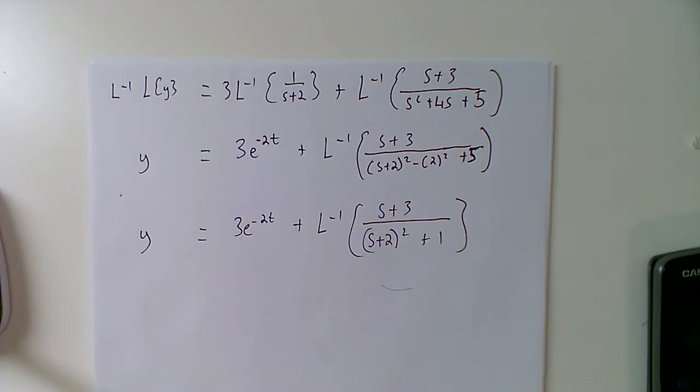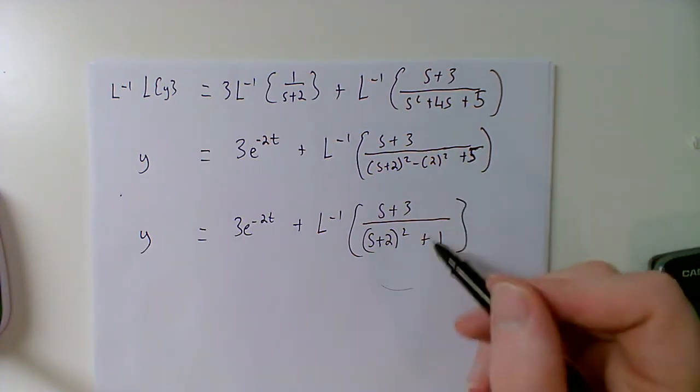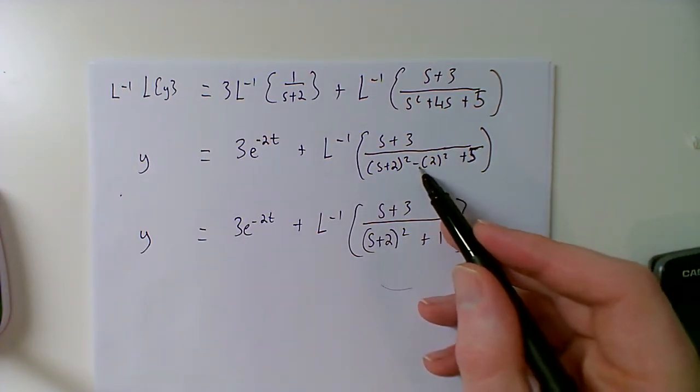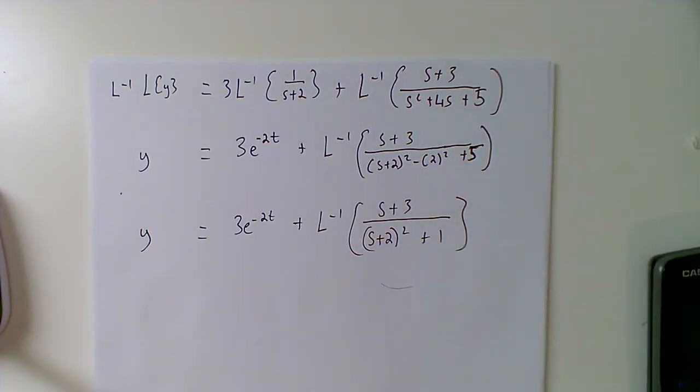Right, so that's me completing the square, finished, because take away 4 plus 5 is plus 1.